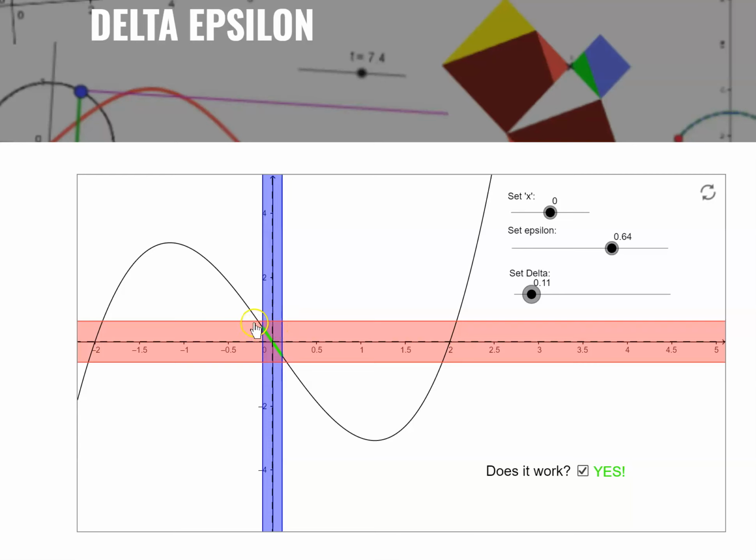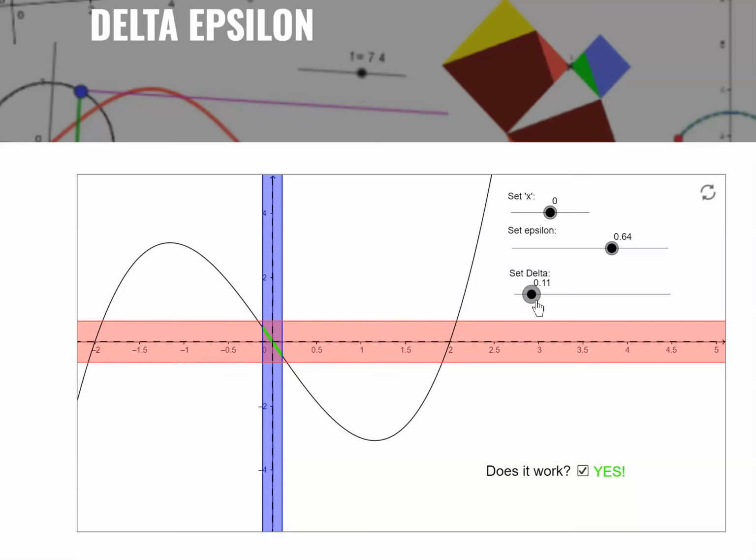You'll notice that within our horizontal region, based off the y-axis, there are segments of the curve which fall within that negative 0.64 to positive 0.64 that are not captured by my current interval along the x-axis. So we want to find that maximum value of delta, that maximum interval that will produce y values between 0 minus 0.64 and 0 plus 0.64.